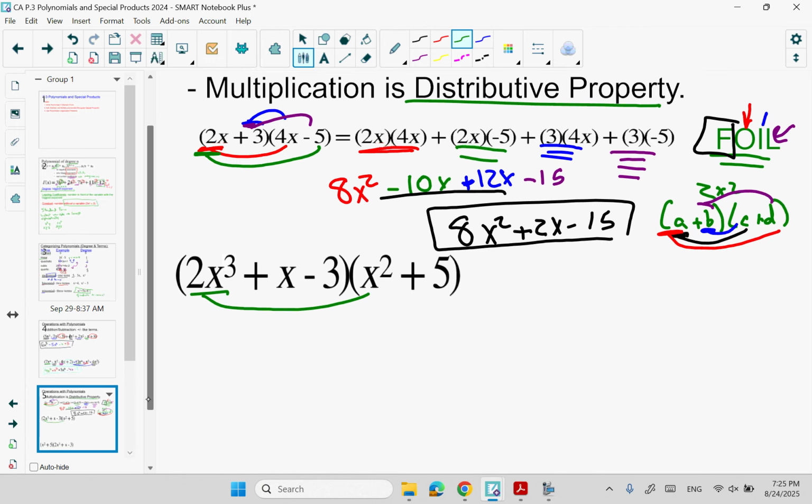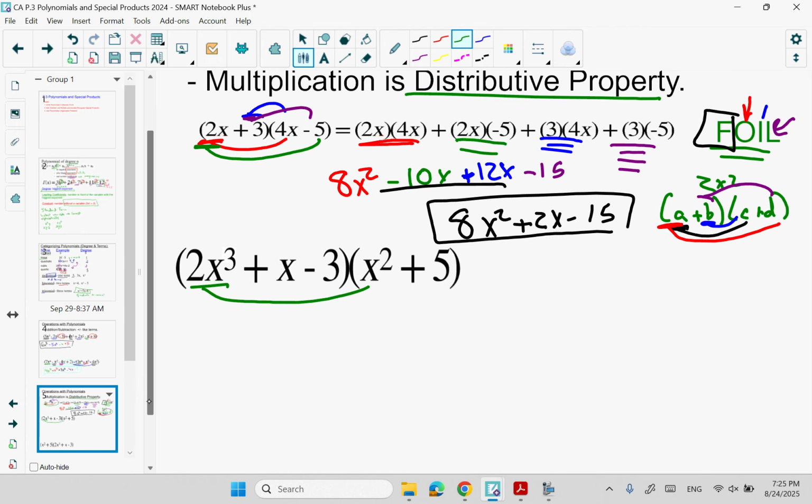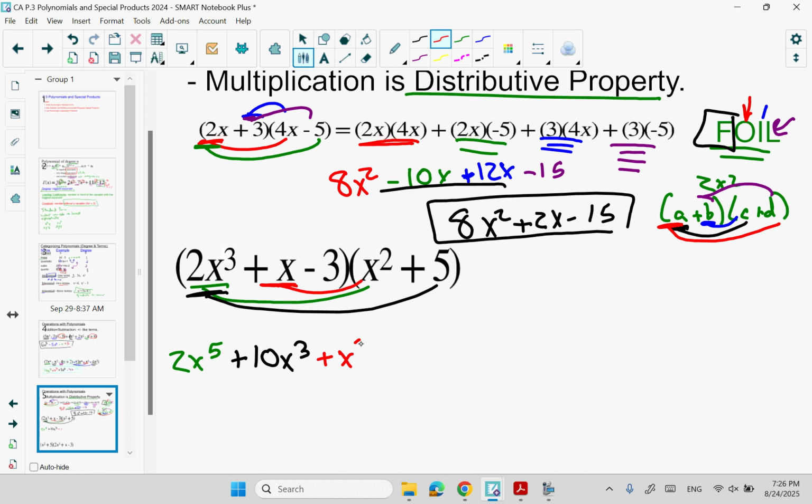2x cubed times x squared would be 2x to the fifth. 2x cubed times 5 would be 10x cubed. And now I'm done distributing the 2x cubed, so I'm going to move on. x times x squared would give me x cubed. x times 5 would give me 5x.